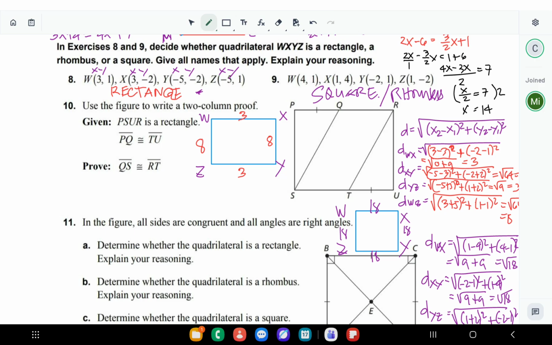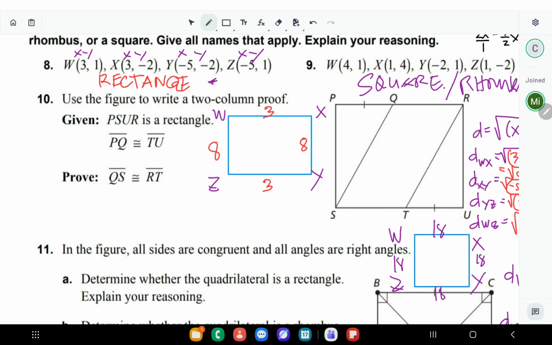Then for number 10, use the figure to write a 2-column proof. PSUR is a rectangle. PQ is congruent to TU. Prove that QS equals RT. It says rectangle, so that means the opposite sides are congruent.